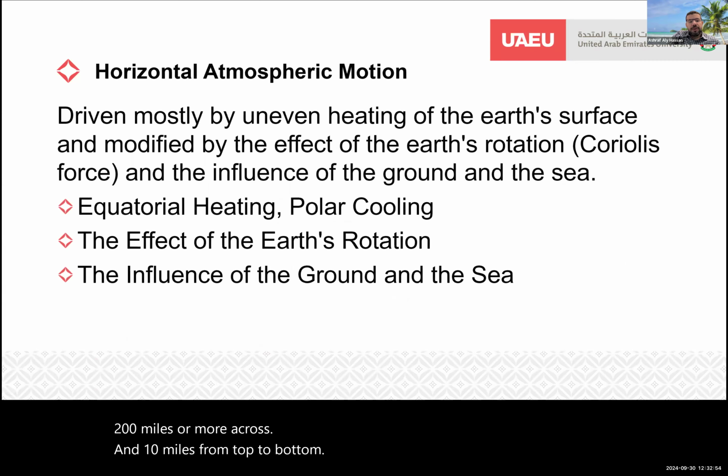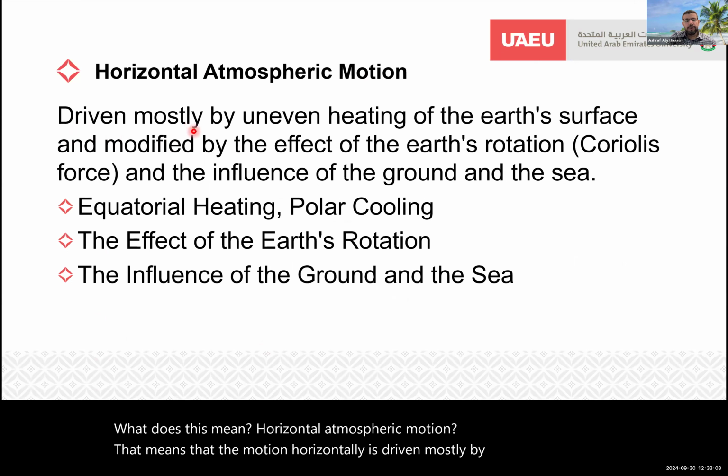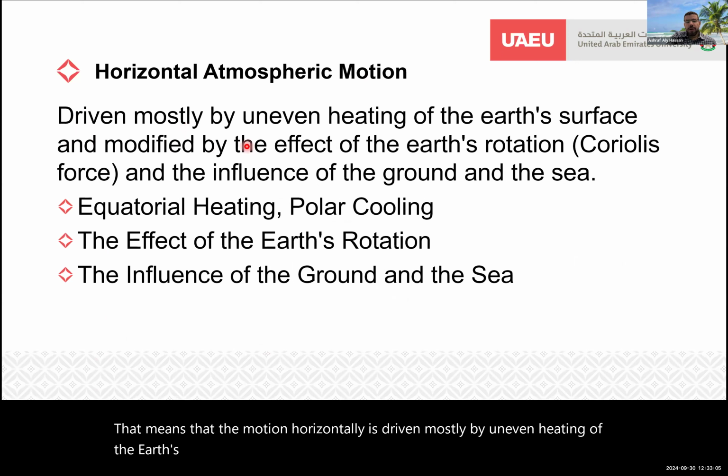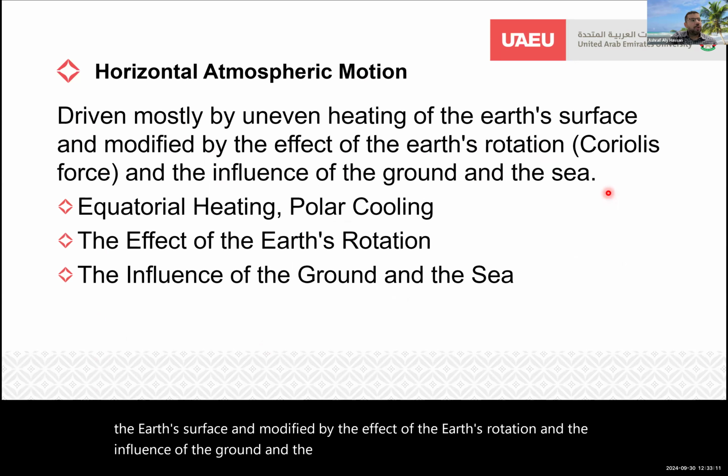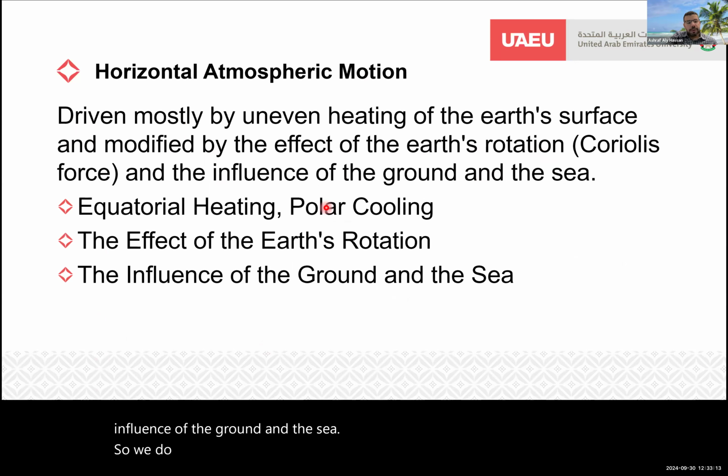What does this mean? Horizontal atmospheric motion is driven mostly by uneven heating of the Earth's surface and modified by the effect of the Earth's rotation and the influence of the ground and the sea. So we do have effects caused by equatorial heating and polar cooling.